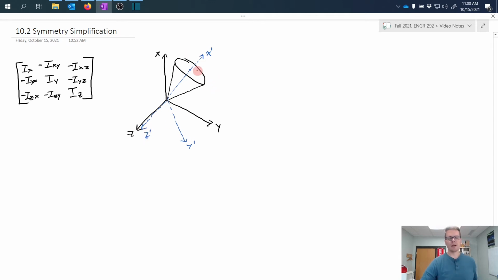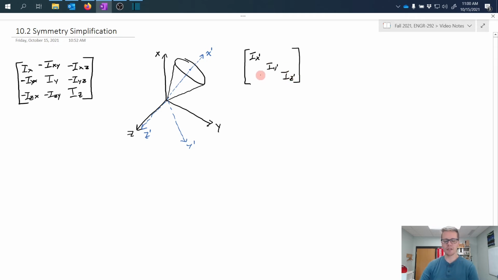By splitting the object along its symmetric attributes, I'm able to redefine my inertia tensor. If I were to rewrite my inertia tensor, now it would simplify to Ix prime, Iy prime, and Iz prime.